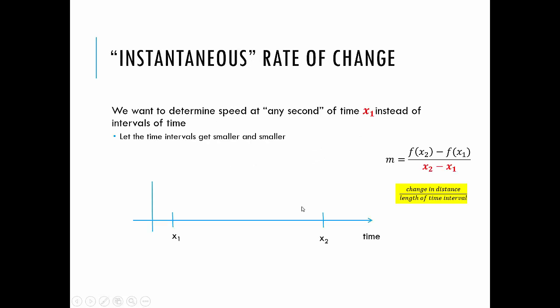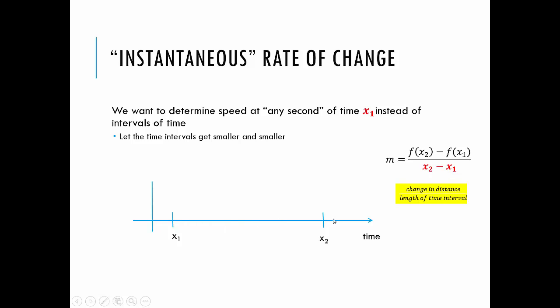So if we want to determine speed at any second of time, and we'll call this x sub 1, instead of these intervals, I want to know at exactly this x sub 1. I don't know, let's say that it's 1 o'clock. Make it easy with the 1. Well, what I do is I find my change in distance over my length in time.